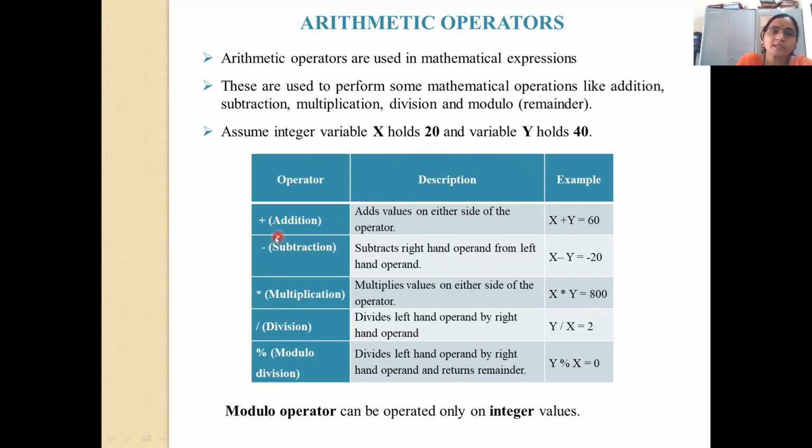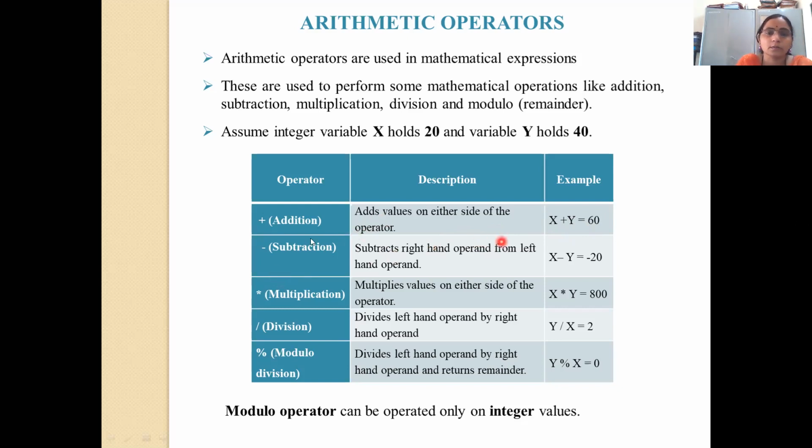The first operator is addition. It adds the values on either side of the operator. The example is very simple. X plus y is equal to 60. The value of x is replaced with 20 and y is replaced with 40. So 20 plus 40 is equal to 60. This adds the values on either side. Either side means you can add x plus y or y plus x, because addition is always commutative.